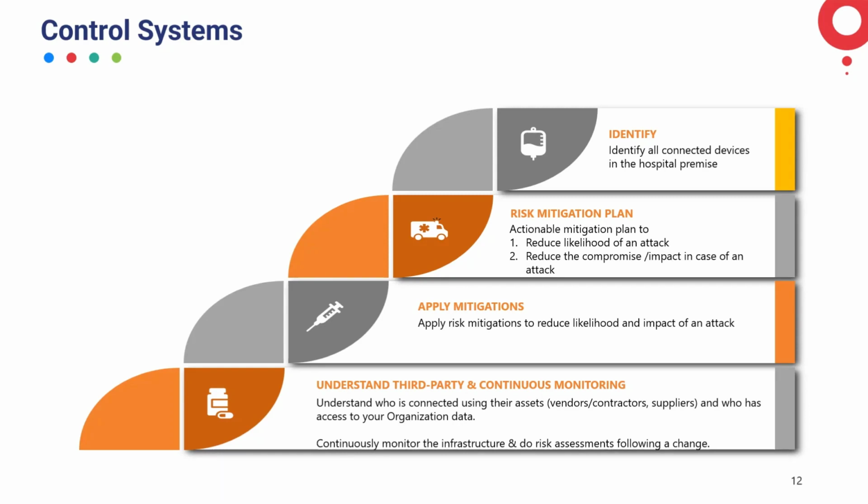Are you limiting the exposure by keeping all these in a separate VLAN, so that your risk is reduced, by applying some of the mitigation strategies? If there are any patches or hardening that can be performed, you have to start hardening the infrastructure as well.